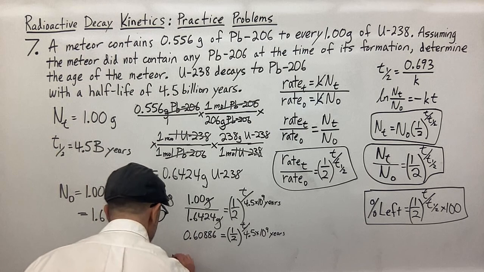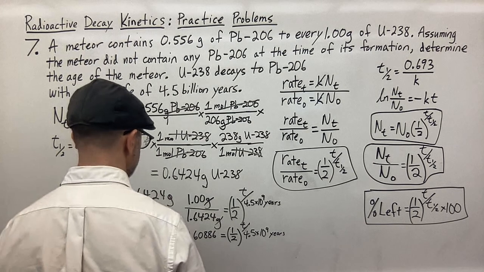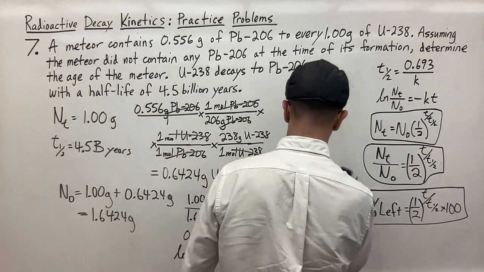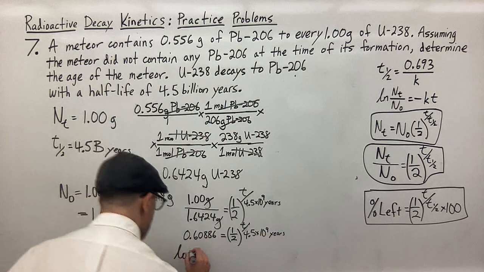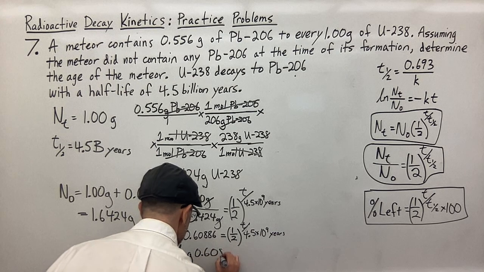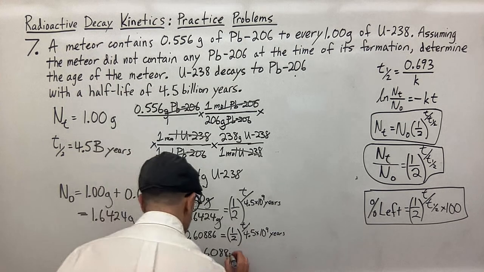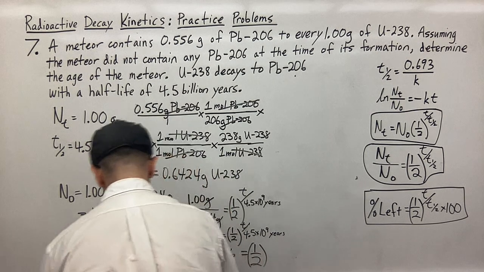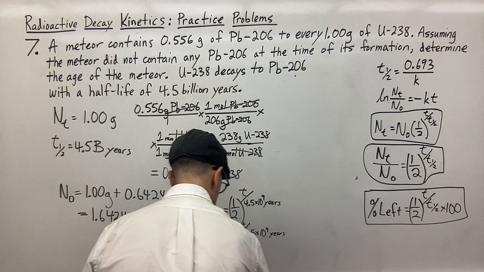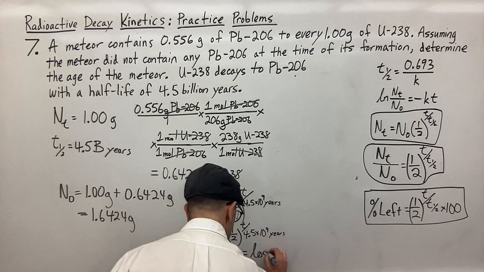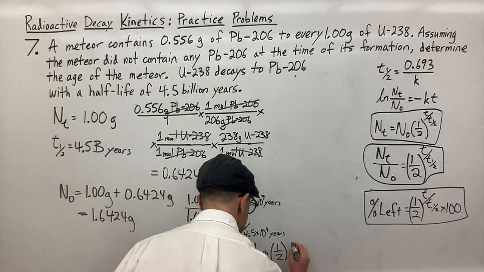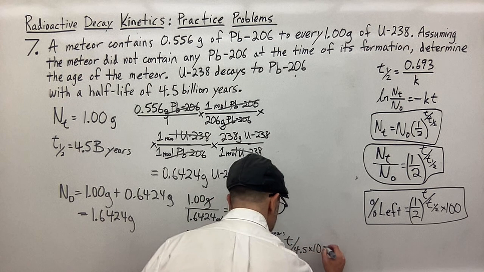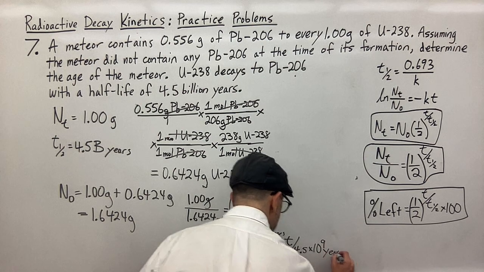So I'm going to take the log of 0.6088 on this side, and then that's going to be equal to the log of 1/2 raised to the power of t over 4.5 times 10 to the 9 years.